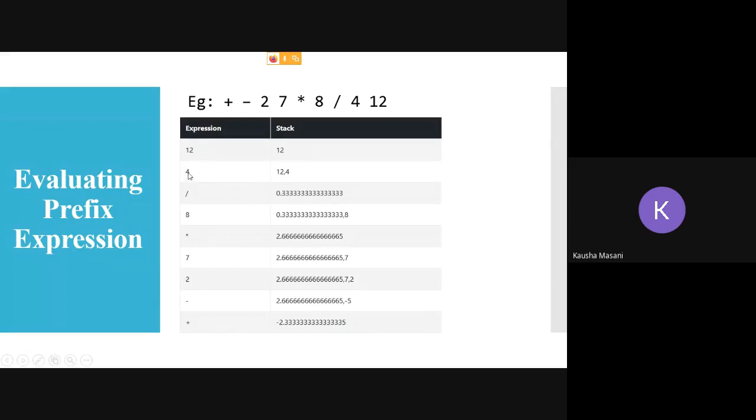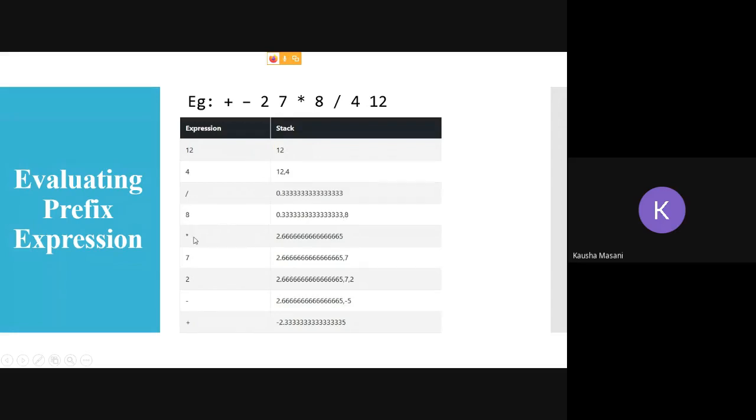Then it is divide, so pop out 2 operands from the top of the stack. 4 popped out, 12 popped out. Divide. Whatever the resultant I am getting, I am again pushing into the stack. Next, 8, pushed into the stack.